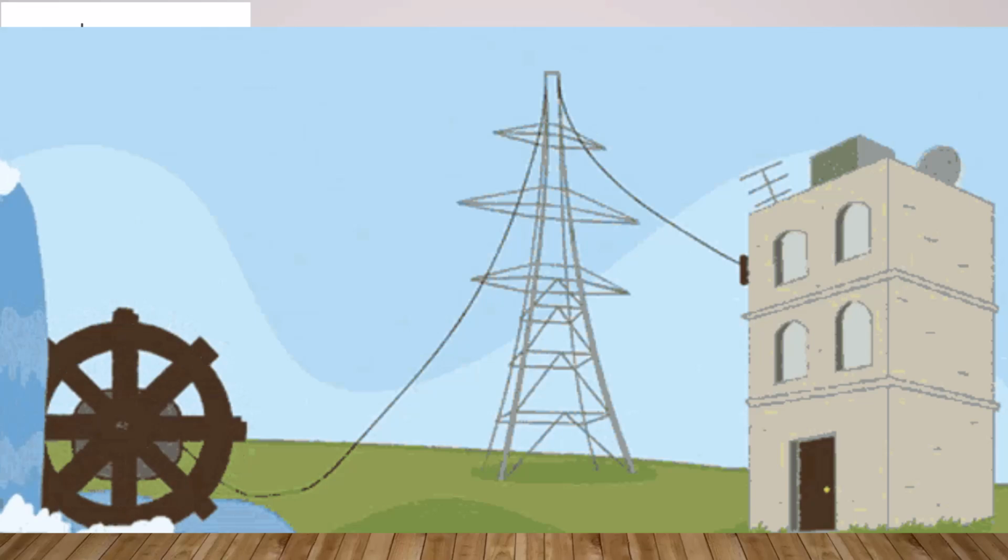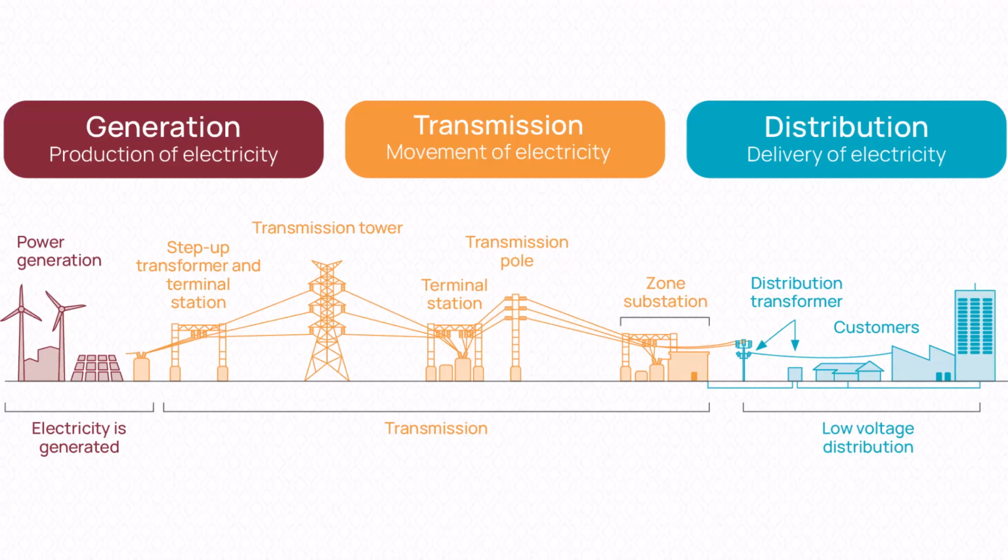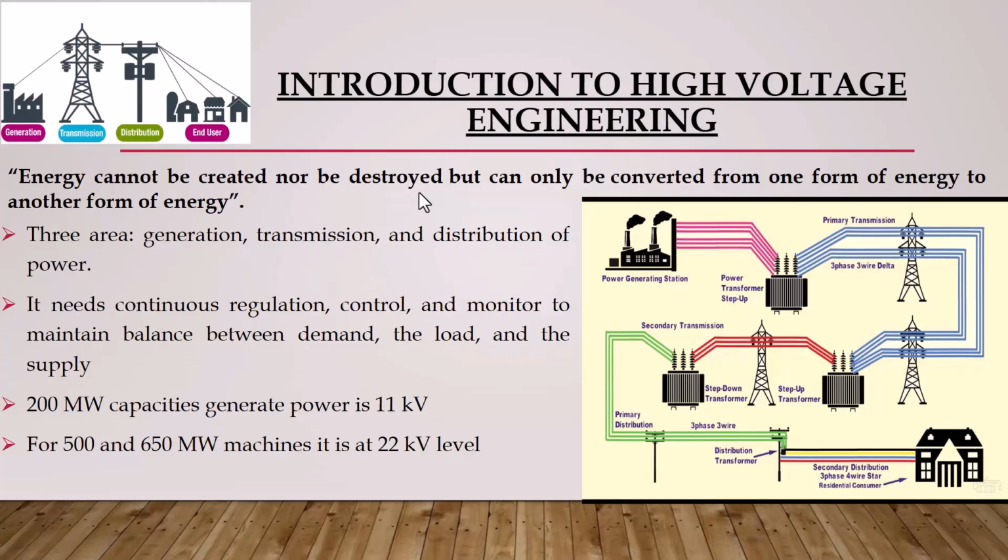Each of these stages has its own technical challenges, and one of the biggest is maintaining a constant balance between how much power is being produced, how much is being demanded by customers, and how efficiently it's being delivered. This balance isn't automatic.